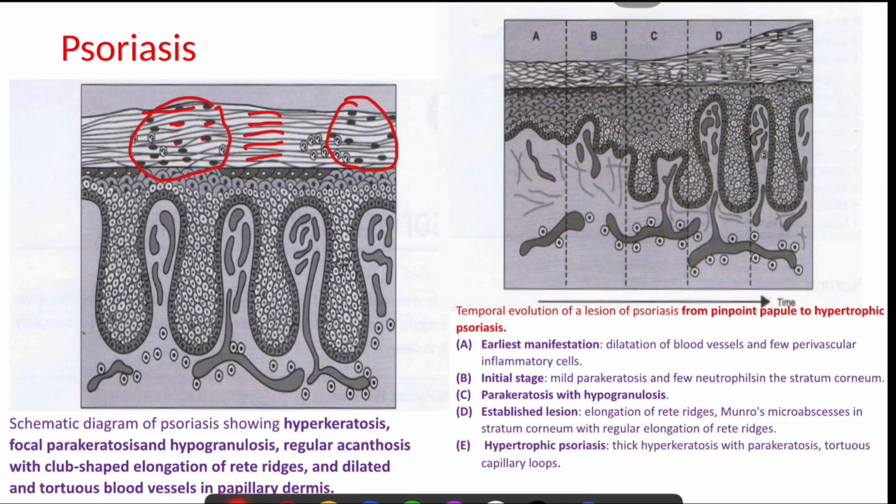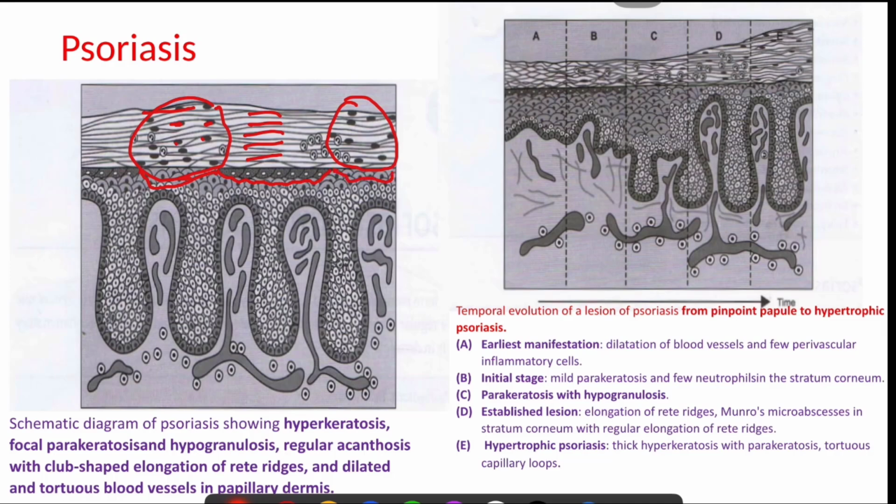Then focal hypogranulosis. Here you can see the granular layer is present, but where you find parakeratosis, at that area you cannot see the granular layer.